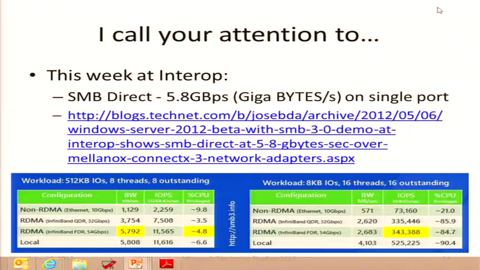On an IOPS-sensitive workload with 8 KB, you can see there's a limit we reach, right? It doesn't matter what the bandwidth of the technology is, we still reach a limit in the mid to low 300Ks. But once again, look at the overhead. The overhead is slightly less, I guess.